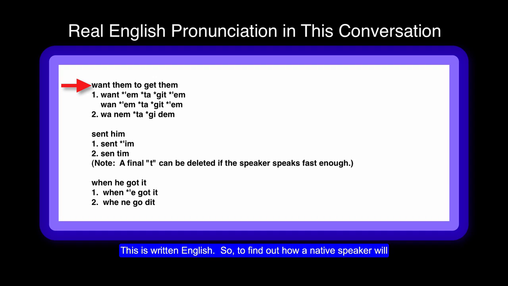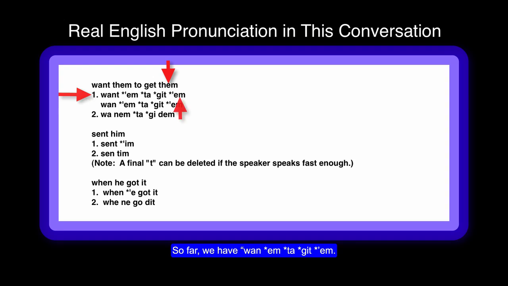This is written English. So to find out how a native speaker will say it, the first step is to find the reduced forms. In this lesson, we learned that "them" becomes 'em. We've already learned that "to" becomes ta, and "get" stays get. And again, "them" becomes 'em.